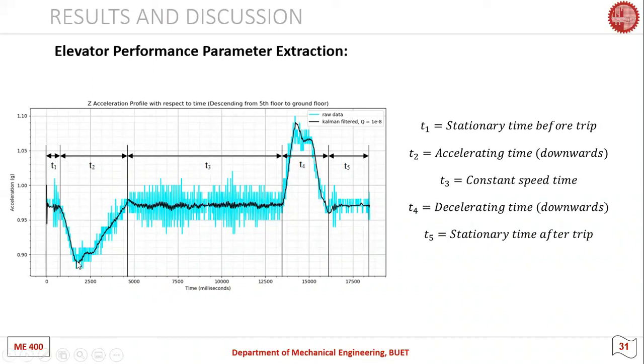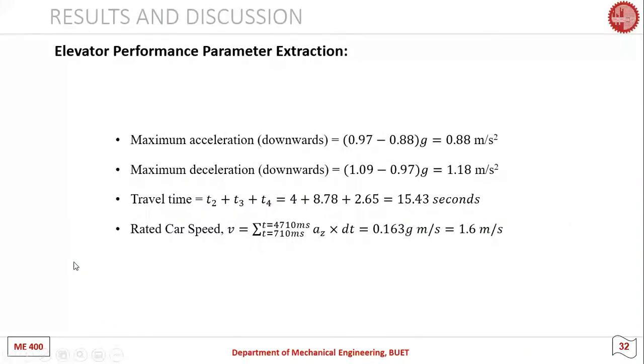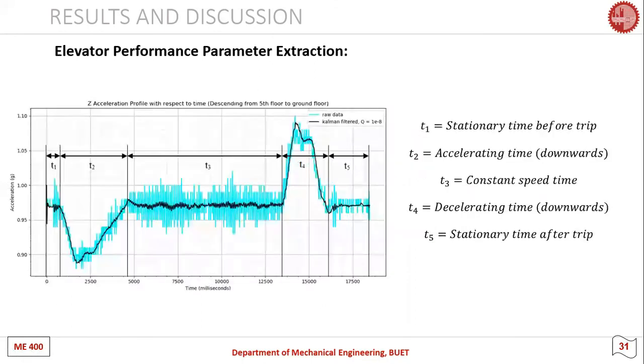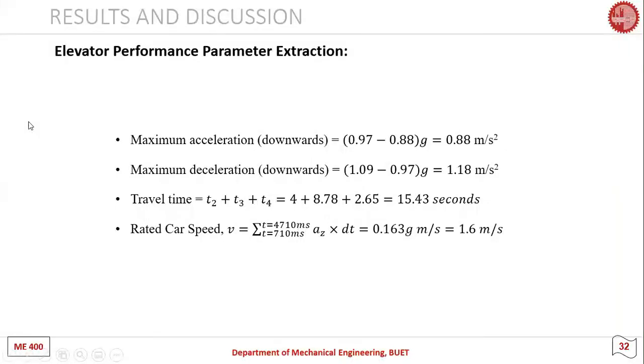From this graph, we can see that the maximum acceleration is 0.88 meter per second square, and the maximum deceleration is 1.18 meter per second square. We know that any acceleration beyond 1.2 meter per second square creates discomfort. Therefore, this elevator is within range of comfortable acceleration.